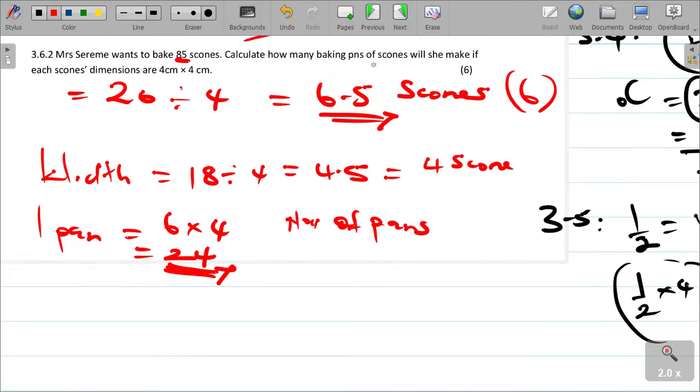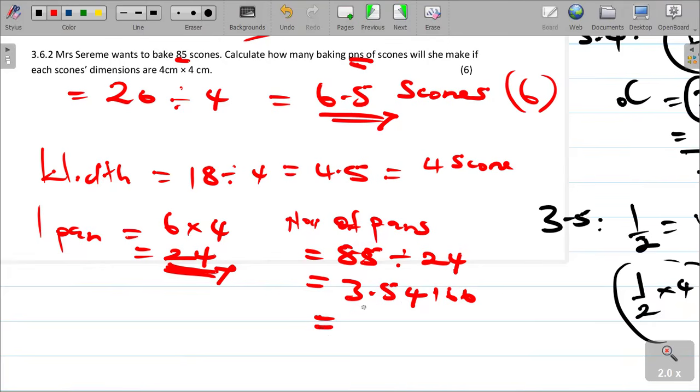We want to know how many pans she is going to make for 85 scones. 85 divided by 24 gives us 3.54166, which is equal to 4 pans.